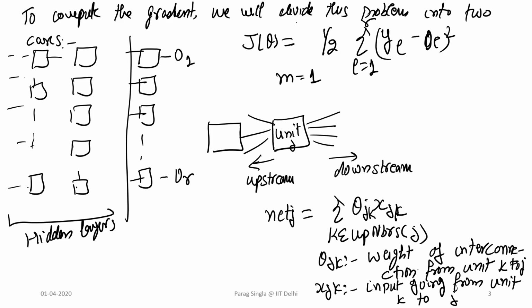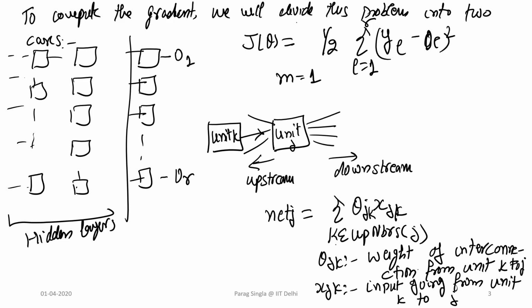Let me also draw something here to ground things. There is a unit k here which feeds into unit j, and theta jk is the weight of this interconnection, and xjk is the input flowing from this unit k to unit j.